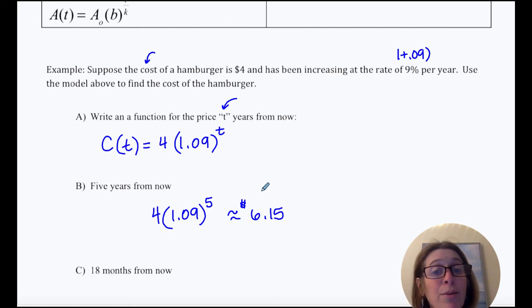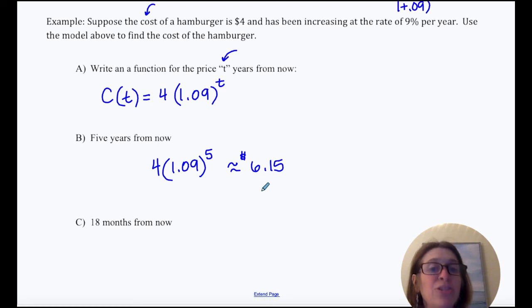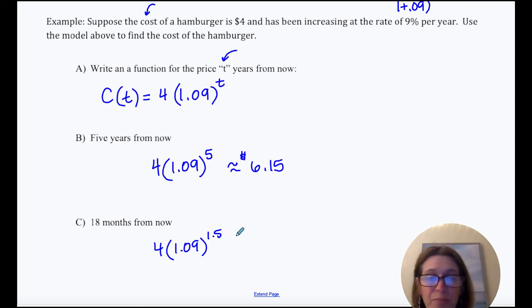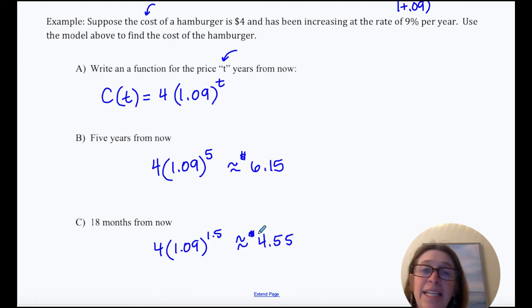Okay, now remember this model is in years. So if it says 18 months from now, that's a year and a half. So that would be 4 times 1.09 to the 1.5. So 1.09 raised to the 1.5 times 4 gives me approximately $4.55.